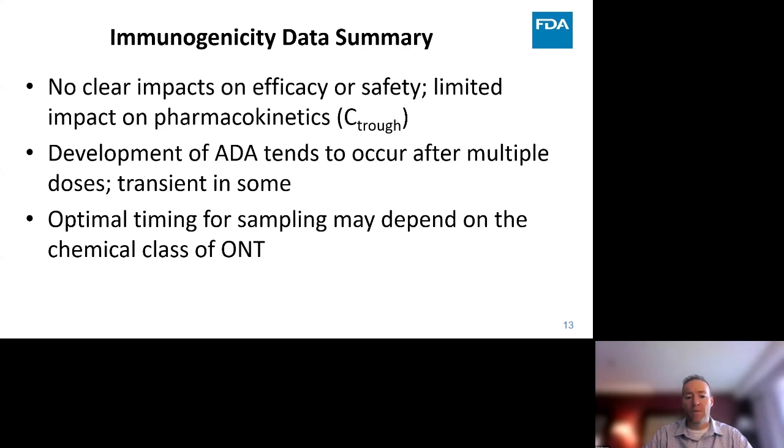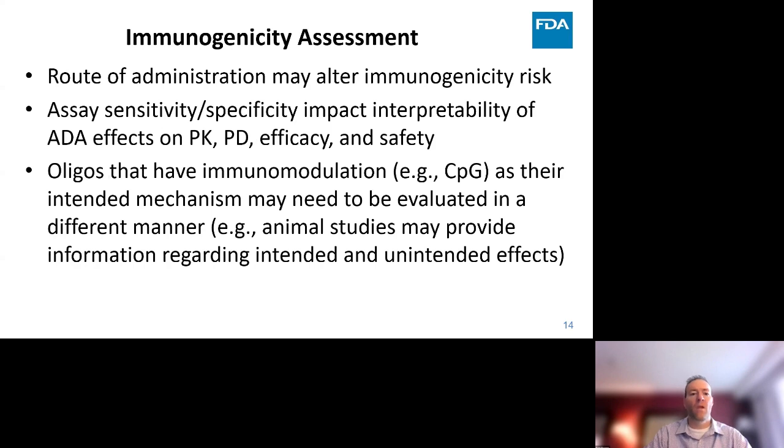And the optimal timing for sampling may depend on the chemical class of the oligonucleotide and the specific chemistry. When assessing immunogenicity, the route of administration may certainly alter immunogenicity, and FDA is aware of this. Again, to underscore the importance, the assay sensitivity and specificity may certainly impact the interpretability of these anti-drug antibody findings and effects on PK, efficacy, and safety.